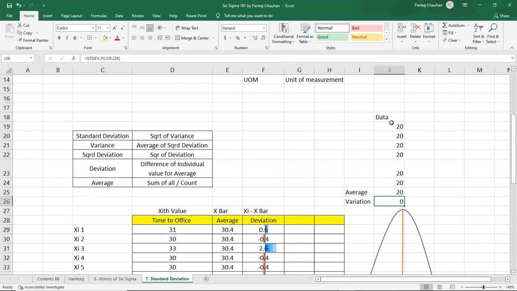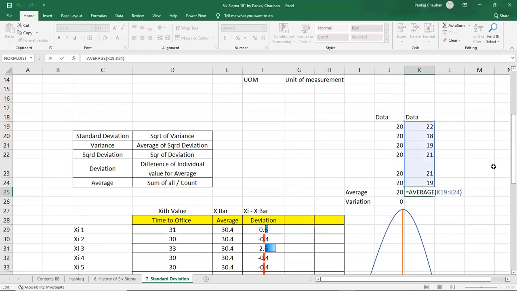In the similar case, if I pick up this data here and I change this value to 22, and this value to 18, this value to 19, this value to 21, this value to 21, and this value to 19. If I look for the average of this data, it is still 20. But the standard deviation of this data, because the variability is there, has moved to 1.41.